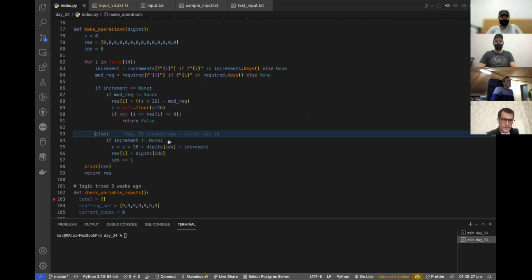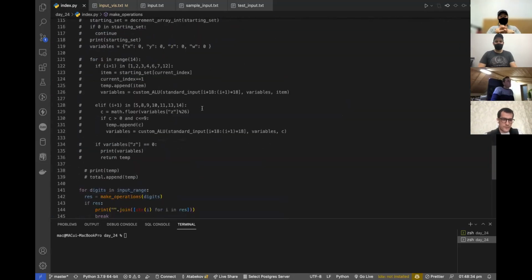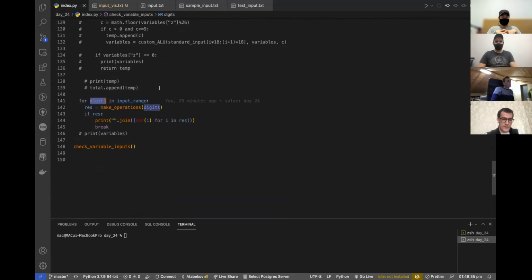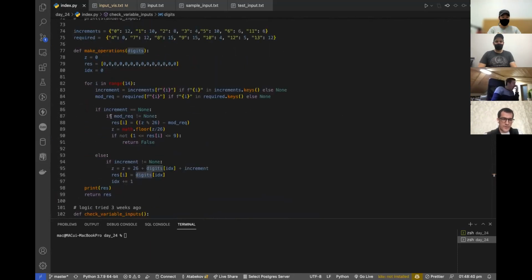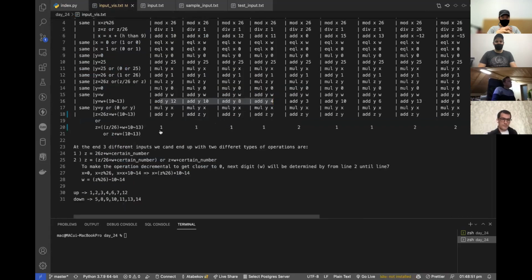So if my increment is not negative, I will just get a random digit from my already existing digits. And if it's a type 2 operation, which is in here, I will calculate my next digit with this calculation, which comes from the logic of the previous example.